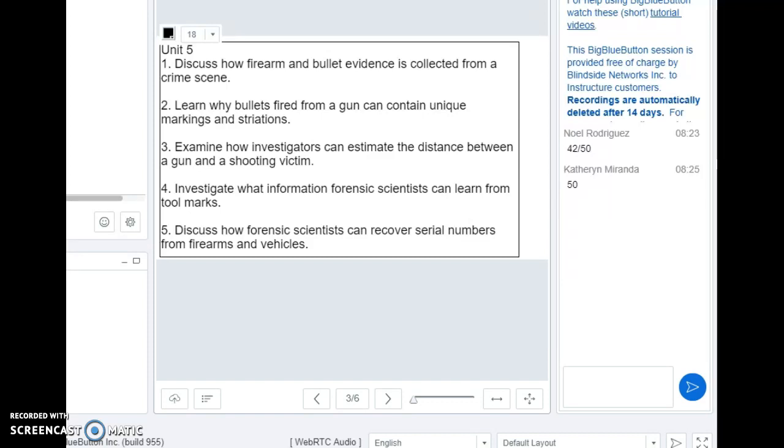So how are these items collected from a crime scene? Feel free to jump on the mic.